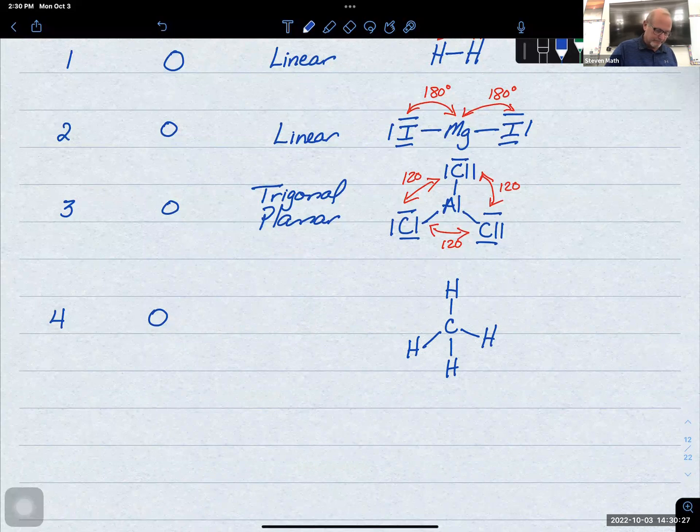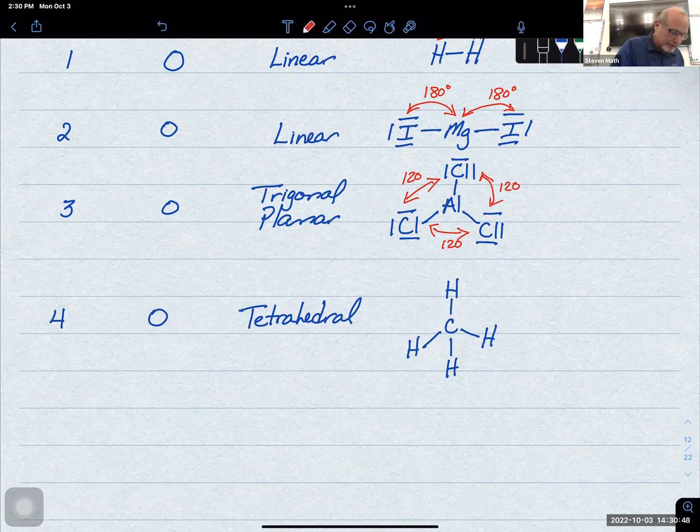CH4. Something that has 4 things attached to it is a tetrahedral. It's going to make a tetrahedral, a 4-sided structure, very much like a pyramid, almost. All right? And the bond angle of a tetrahedral, you may or may not know, they're all going to be the same, so I'm not going to draw them. A bond angle there is 109.5.